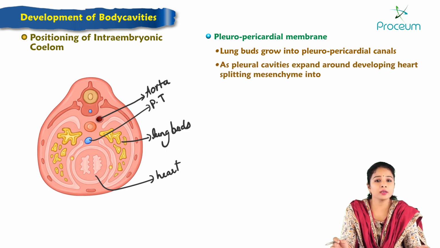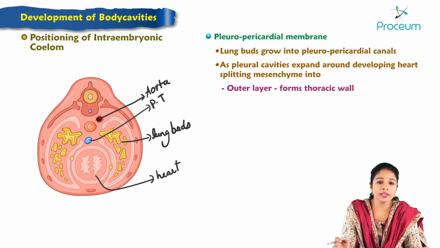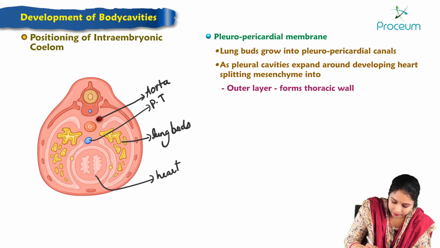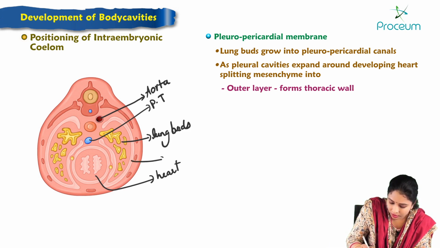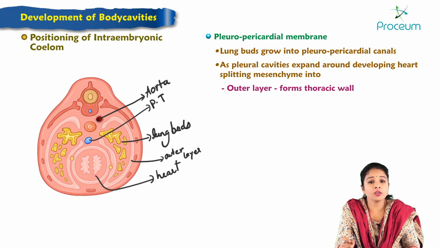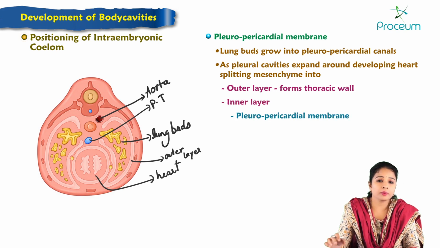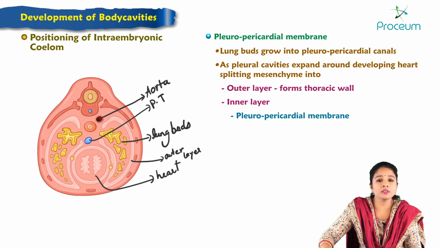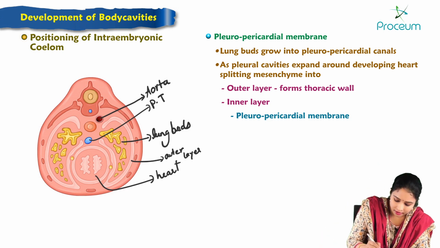And as the pleural cavity expands around the developing heart, it splits the mesenchyme into an outer layer, which forms the thoracic wall, and the inner layer, which is the pleuropericardial membrane and which forms the fibrous pericardium and the covering of the pericardial sac enclosing the heart.